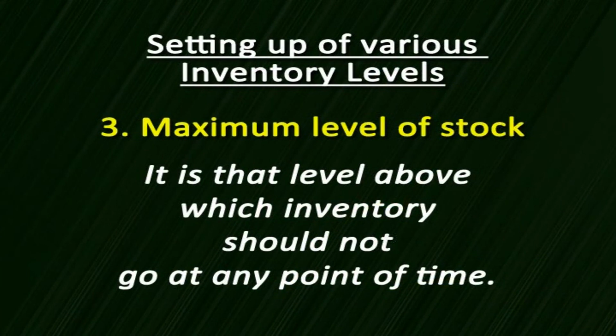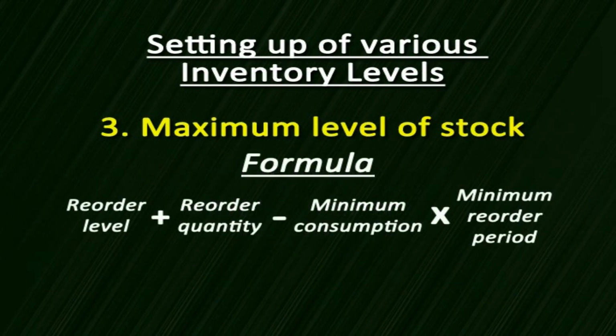So, in one line we can say that maximum level of stock is that level above which inventory should not go at any point of time. Its formula is reorder level plus reorder quantity minus minimum consumption into minimum reorder period.